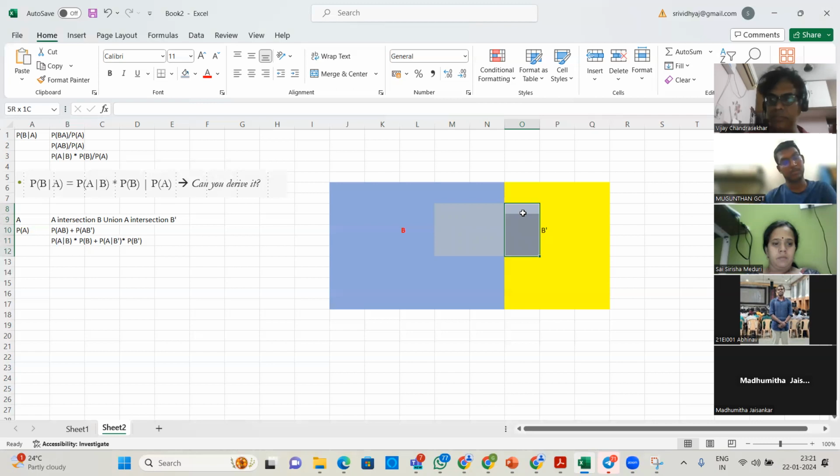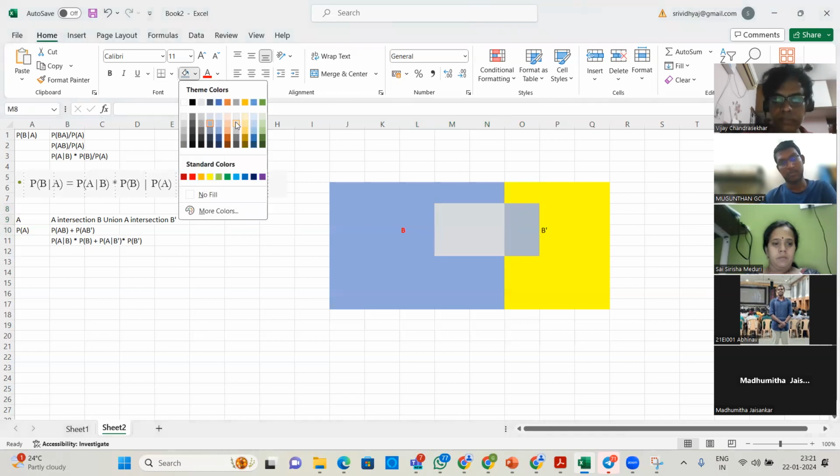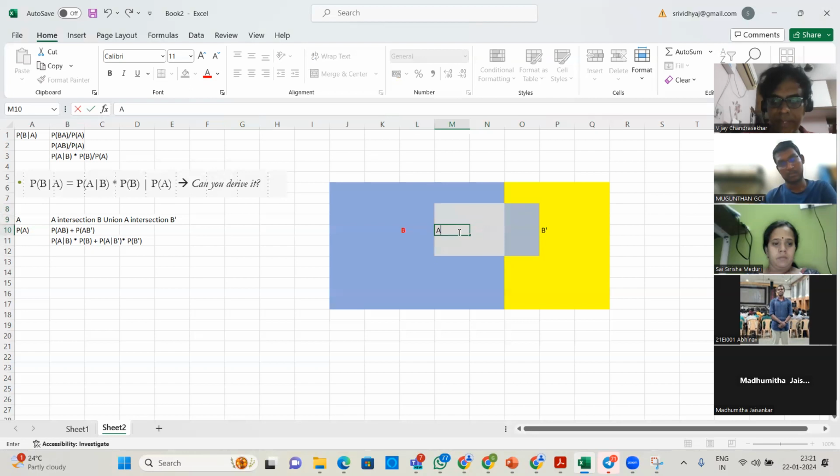Yes, because this whole thing is A. A intersection B would be this bit here, and this part is A intersection B complement. Is that clear? Okay.